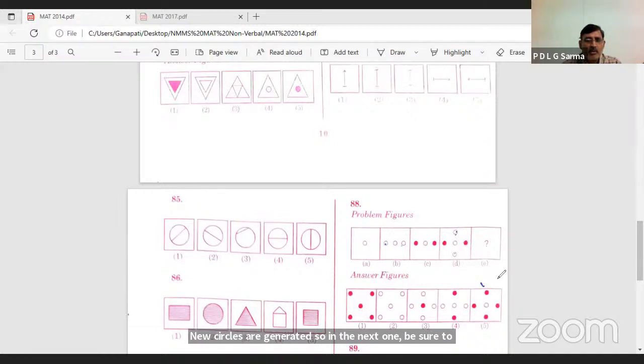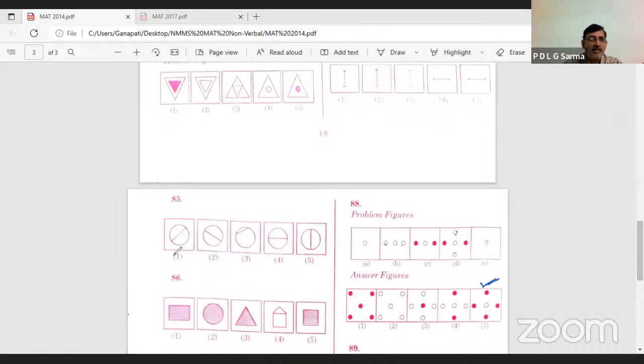So 5 is the correct answer. Every time, whatever new circles are generated, they are shaded.